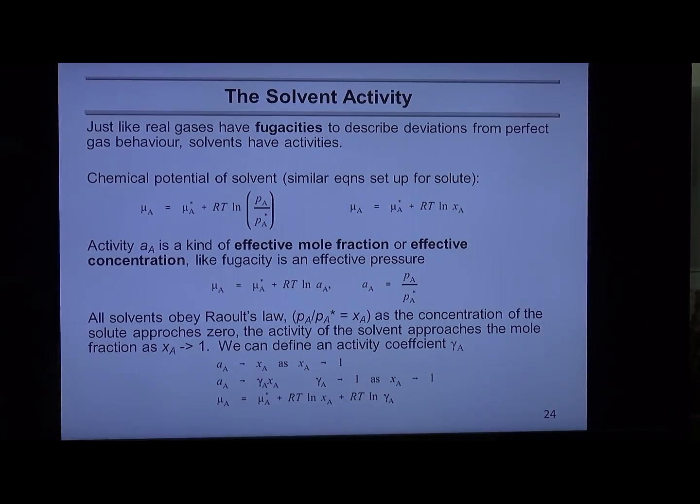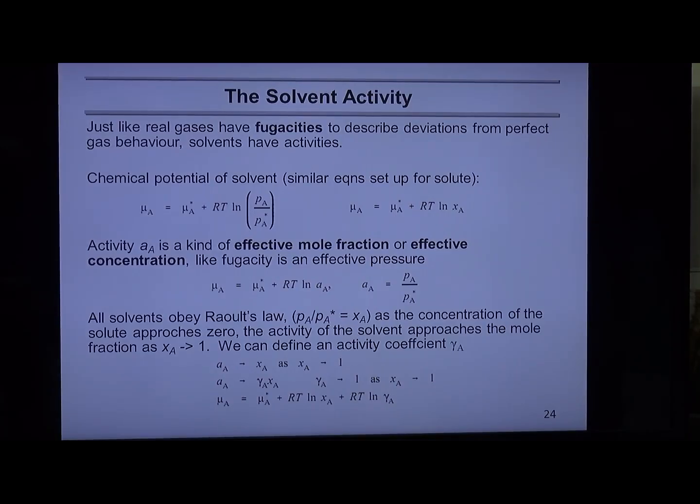Let's move on to 5.10, solvent activity. When we dealt with vapors, especially real gases, okay? If you remember, to describe a real gas using the ideal gas equation, right?